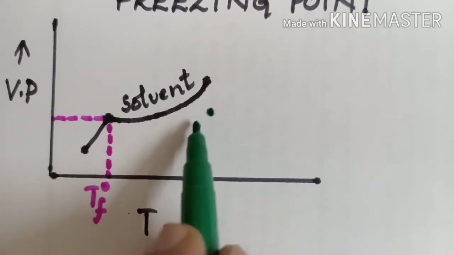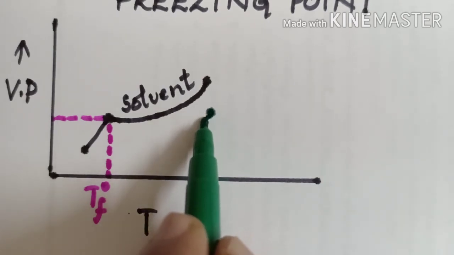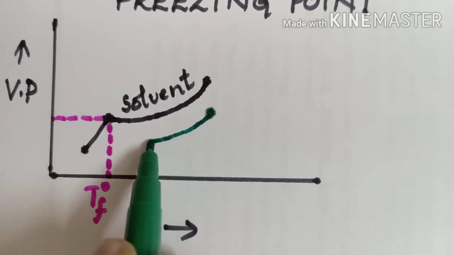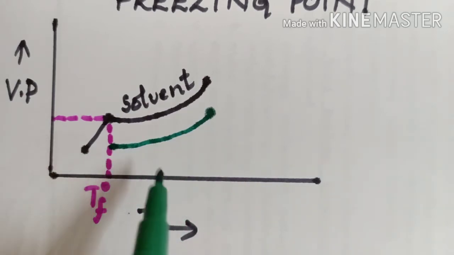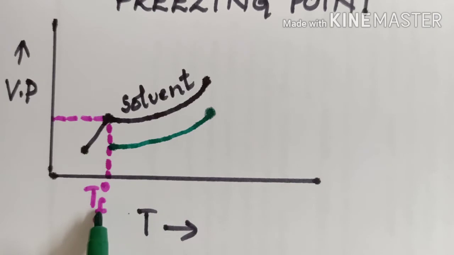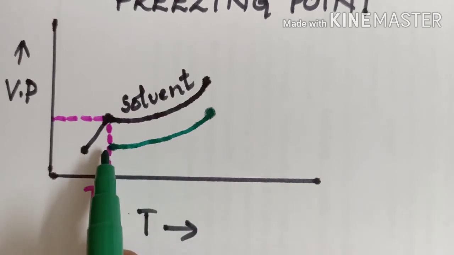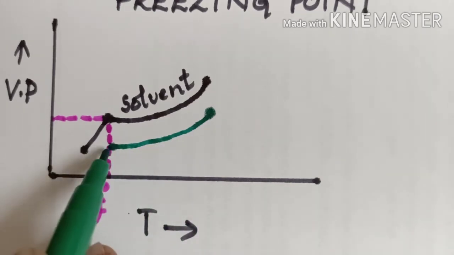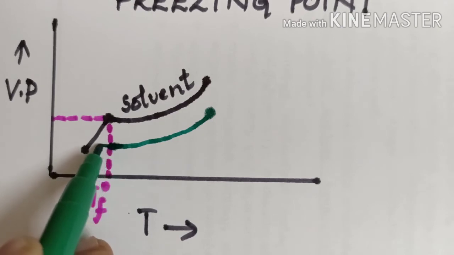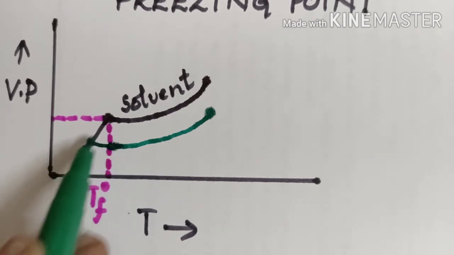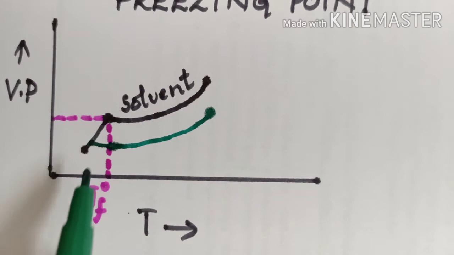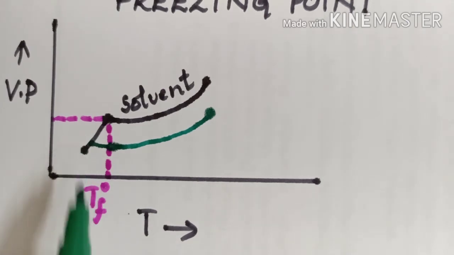As a result, vapor pressure decreases and gradually decreases, and the moment it has reached T0F, it is still in the liquid state itself, but when it is cooled further, it joins the curve which will show the solidification.